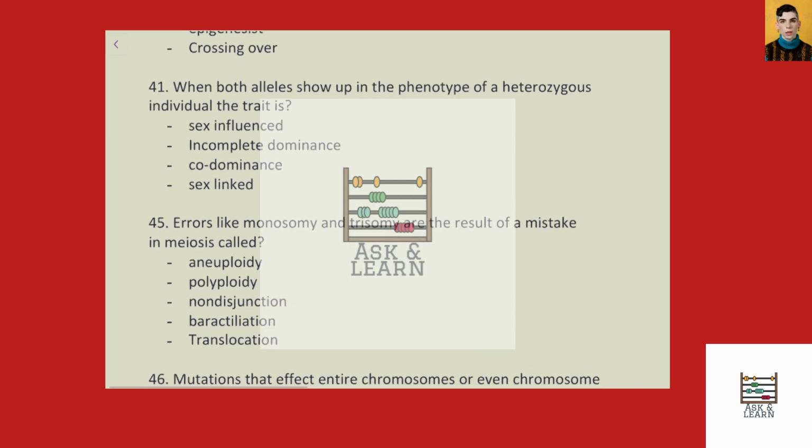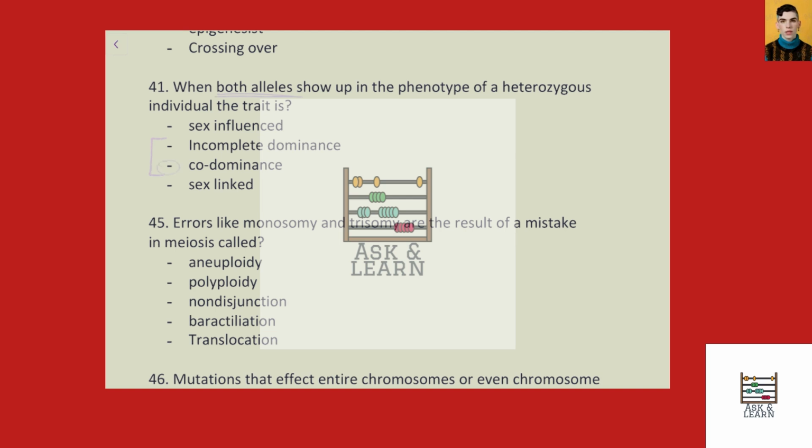The next question, when both alleles show up in the phenotype of a heterozygous individual, the trait is? So here, it's clearly not either sex-influenced or sex-linked. We've talked about those. So it's between these two. And so the answer here would be codominant, because the question says when both alleles show up.